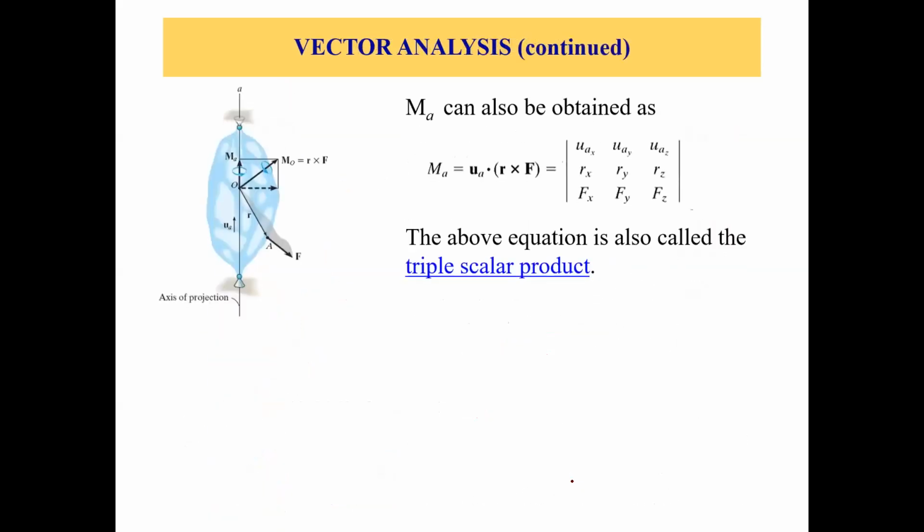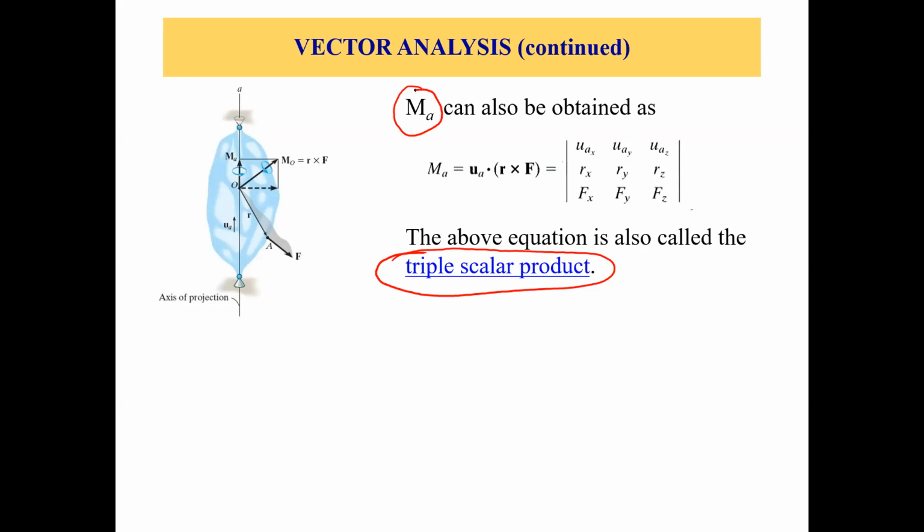Now, instead of doing these two products, a cross product and a dot product, we use the triple scalar product. So we only do one step instead of two steps to find this M sub A. Don't go the lengthier way. Don't do two products, cross product and dot product.